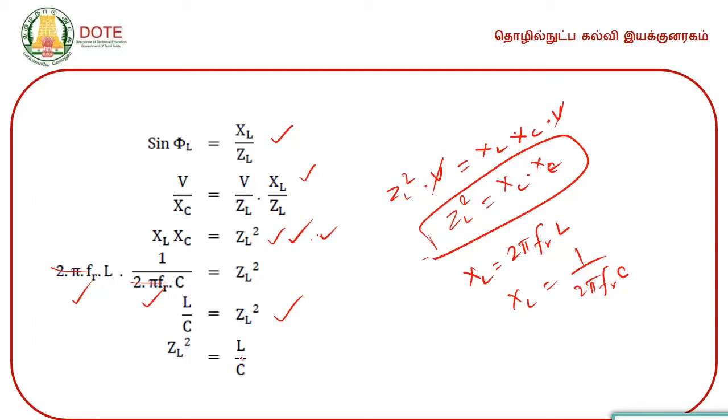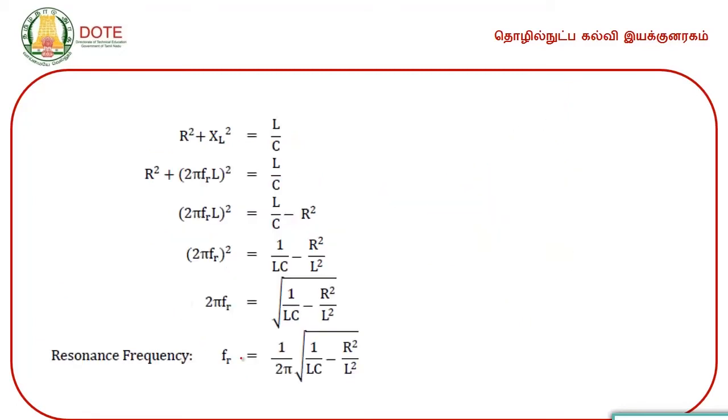So, ZL square is equal to L by C. So, what is ZL square? ZL square is equal to R square plus XL square.